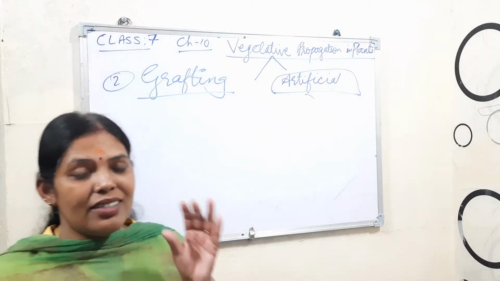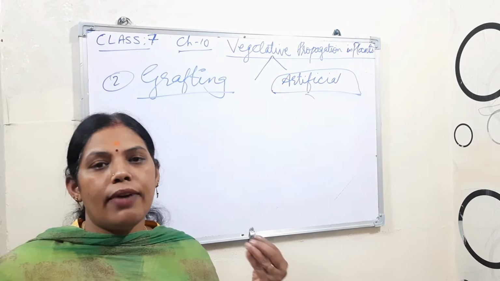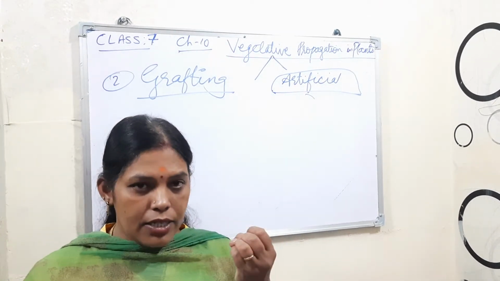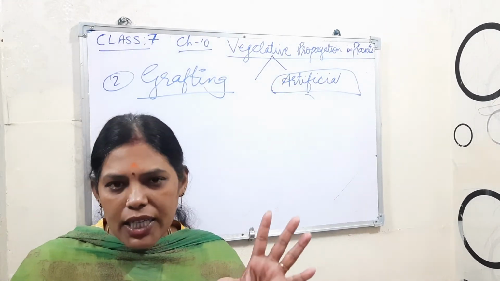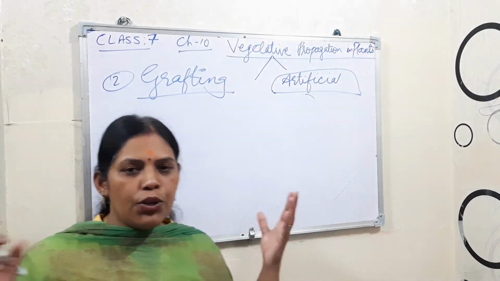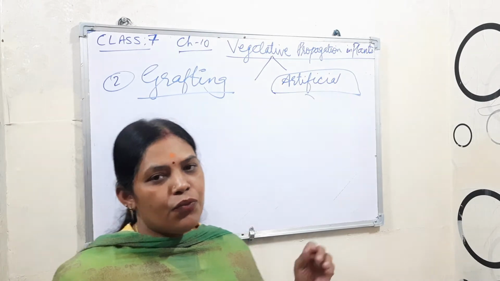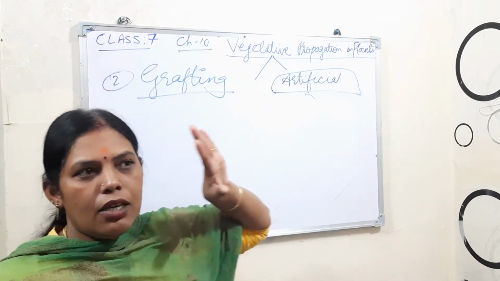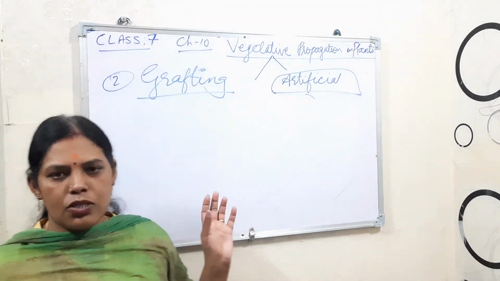This is done for getting new varieties with better quality. If one plant has one quality and another has a different quality, and you want both in one plant, you can fuse them with grafting. For example, you can do it with hibiscus plants also.